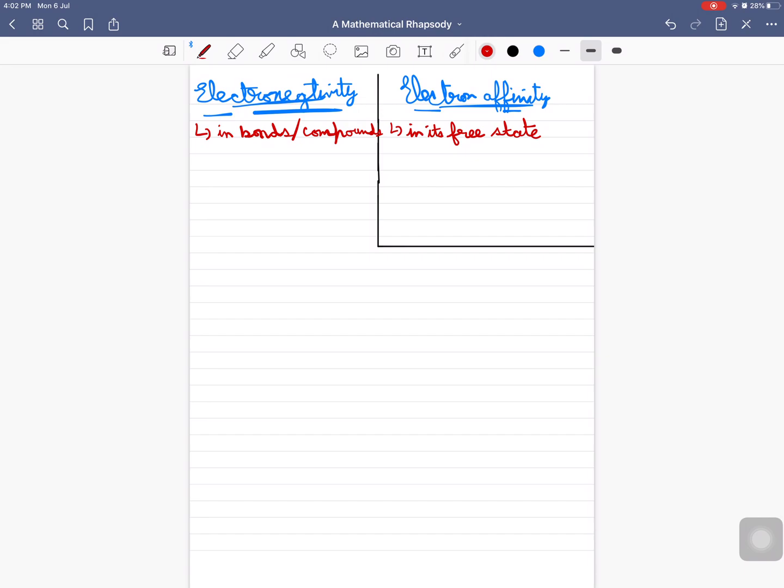It is defined as the amount of energy, I guess you could call it heat, released by 1 mole of atoms of any element when it combines with 1 mole of electrons to form a univalent anion of that element. You will have 1 mole of these univalent anions.